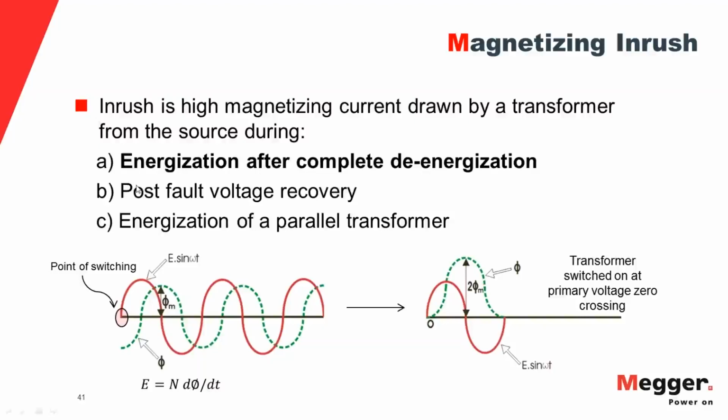So my flux would lie somewhere in the negative cycle, since I've energized my transformer on the zero crossing. But this flux cannot be negative because we have completely demagnetized the core. In theory there should be no residual flux, but there would be some minimal residual flux, not in the negative cycle.